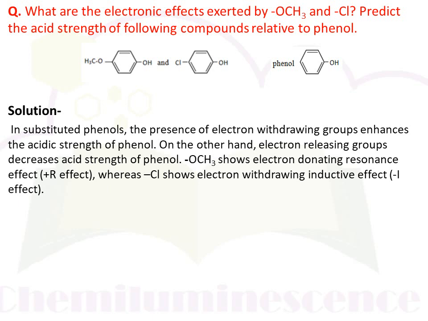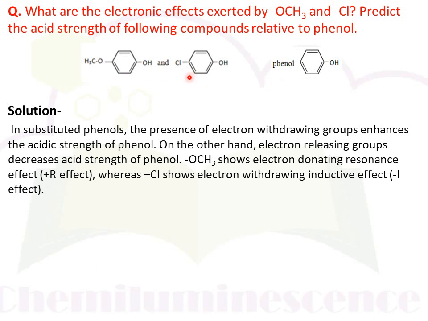That means para-methoxyphenol, due to the presence of the methoxy group, which shows the +I effect, has decreased acidic strength. That means para-methoxyphenol is less acidic as compared to phenol.